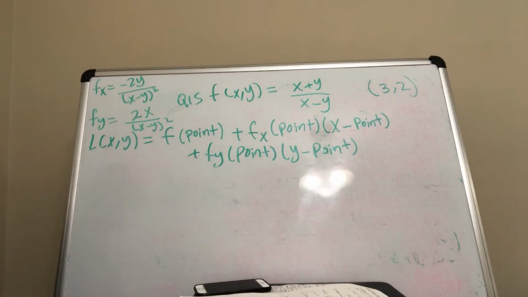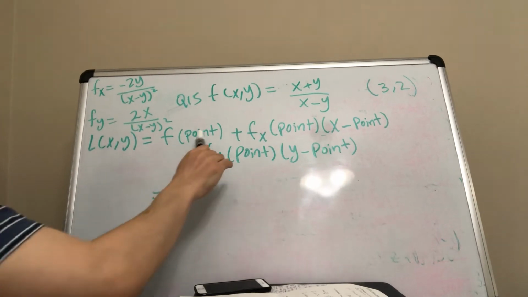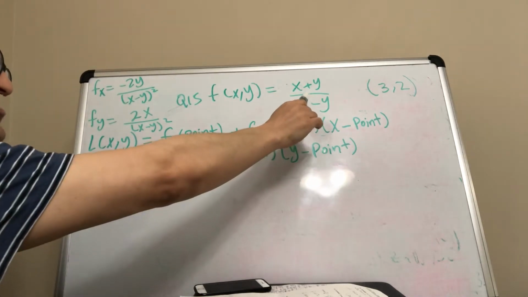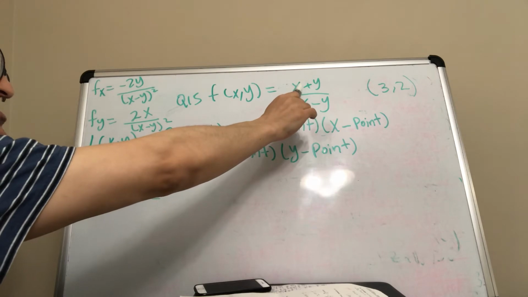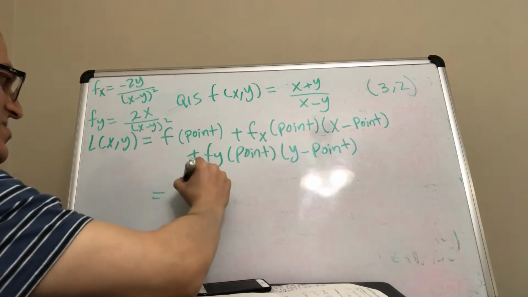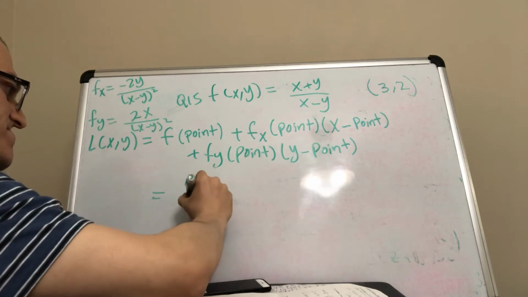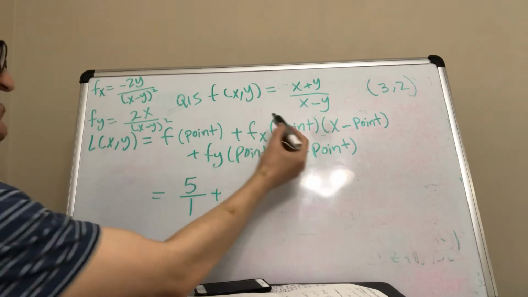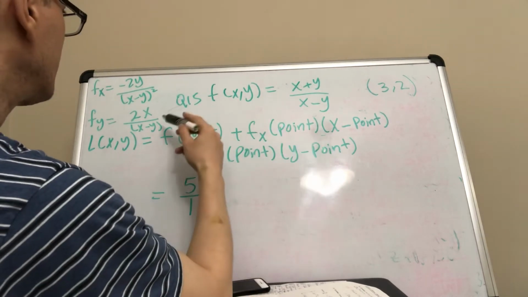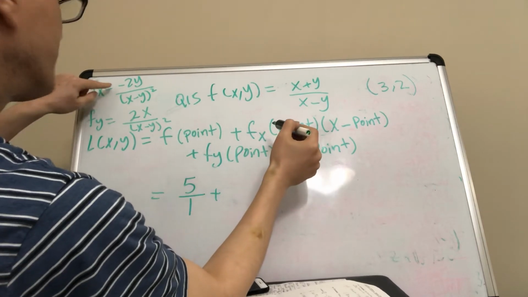The formula says, first, you need to plug the point into the function. If you plug the point here, it would be 3 plus 2, 5, over 3 minus 2, 1. Then you plug it into the derivative with respect to x.